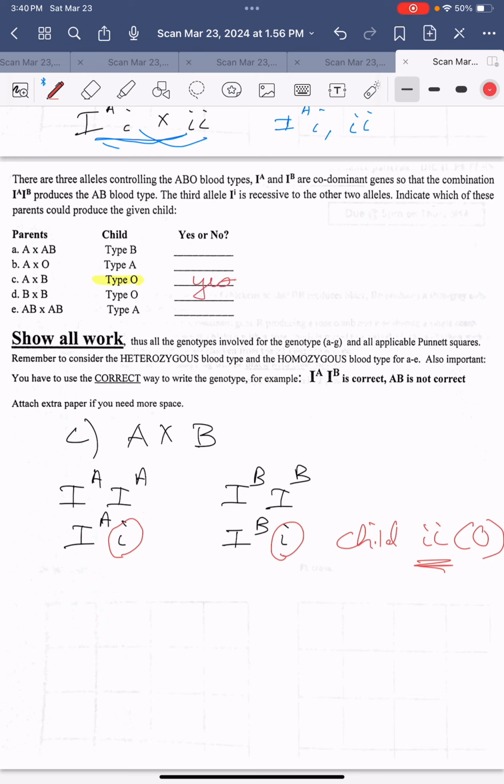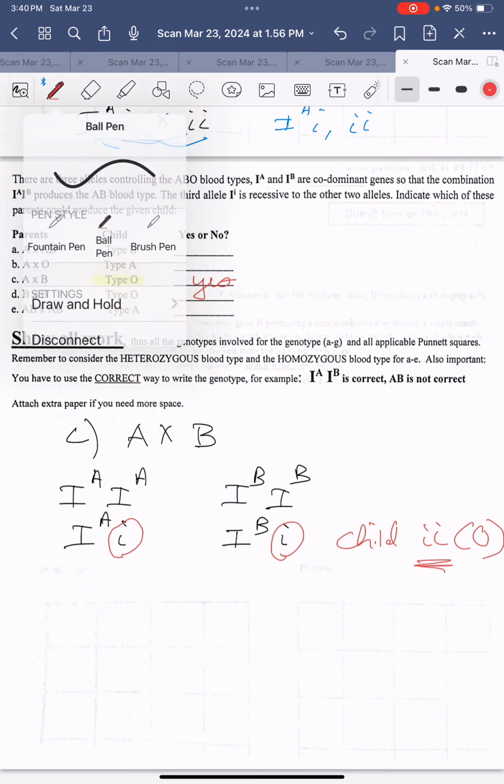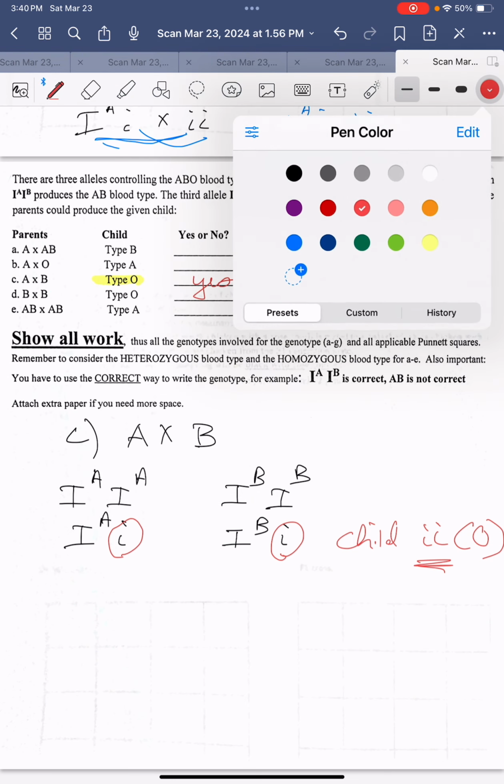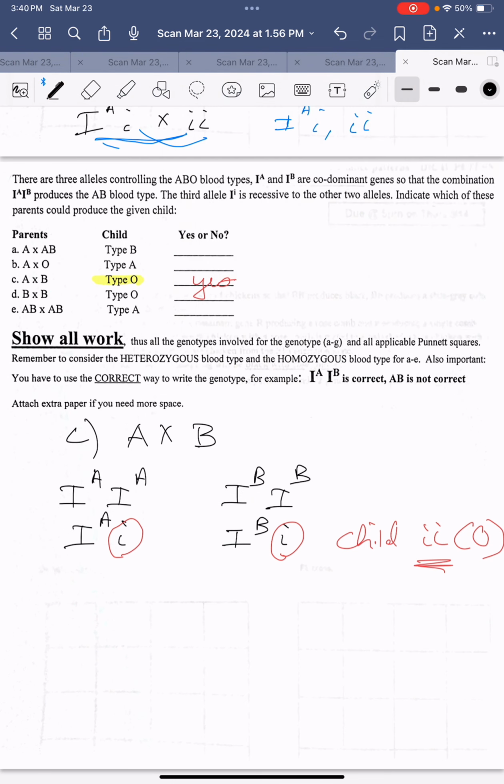I suggest to always check your work using a Punnett square. If you work too fast through a problem, maybe you make a little mistake, which is easy to happen. And if you have the Punnett square, you can always double check your work. So with B times B blood, you have the same scenario as the question asked over here. Could you have type O blood?